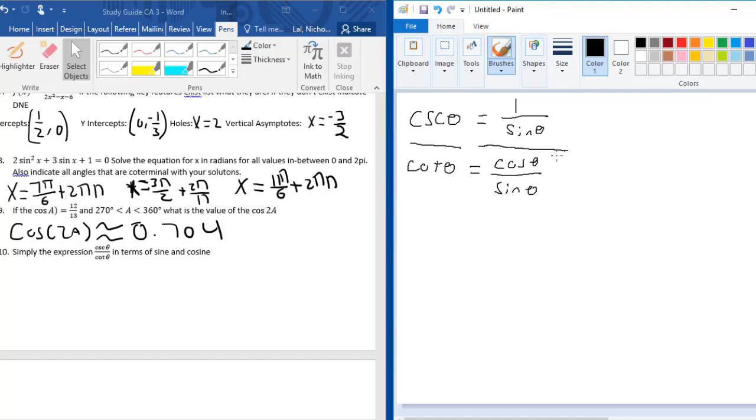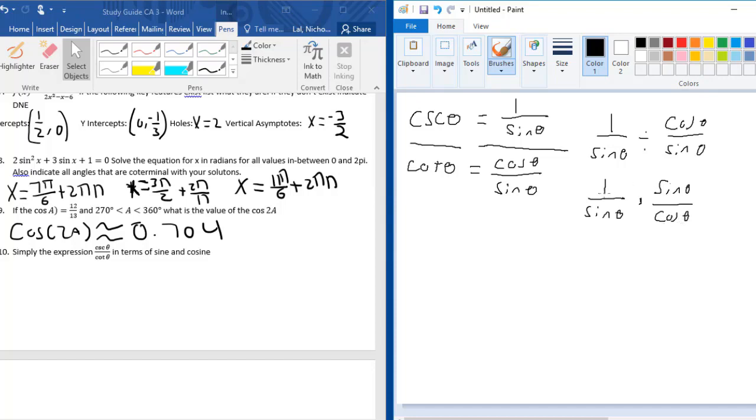So this becomes 1 over the sine of theta divided by the cosine of theta over the sine of theta. Let's look at how we divide fractions. That's equivalent to 1 over the sine of theta times the sine of theta over the cosine of theta.